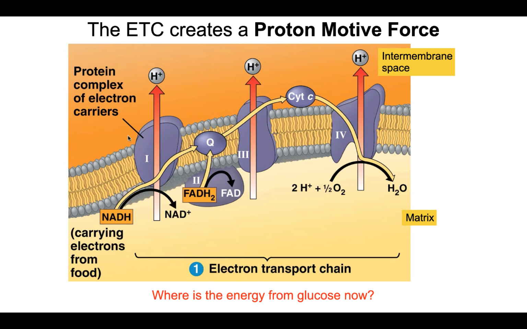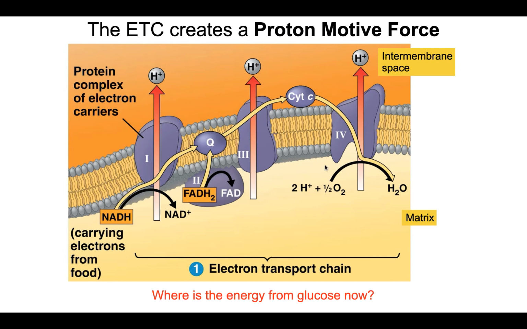Now, complex 1, complex 3, and complex 4 couple that energy release, that redox reaction, with the endergonic pumping of protons from the matrix to the intermembrane space, right? This is energy coupling. We are using an exergonic reaction to couple to an endergonic reaction to get that endergonic reaction to actually occur.